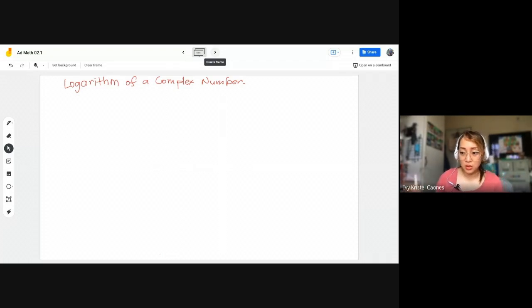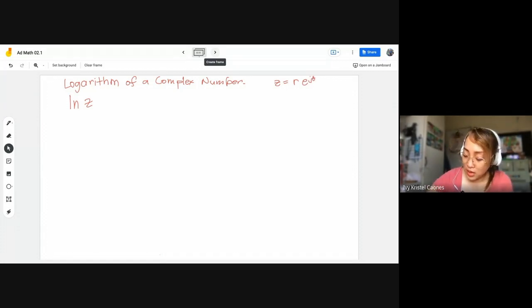So let's go to the logarithm. So we are going to use ln z. So that means ln of that complex number, and we are going to use z equal to r e to the j theta. This is in exponential form. Why?